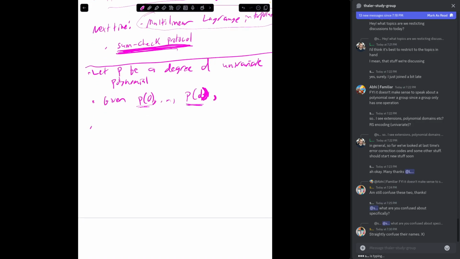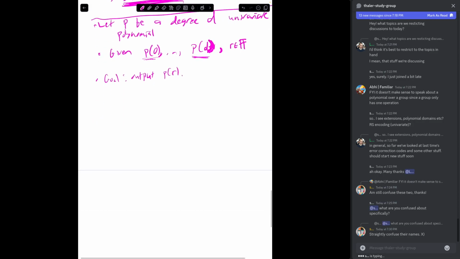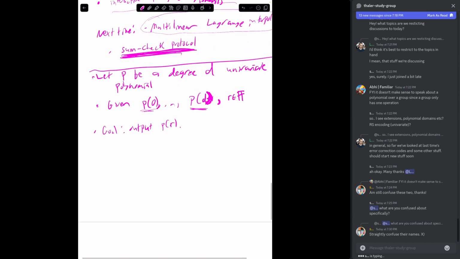And let's say I am also given one point R from the field it's defined over, and my goal is to output P of R. Univariate Lagrange interpolation is an algorithm to do that efficiently.